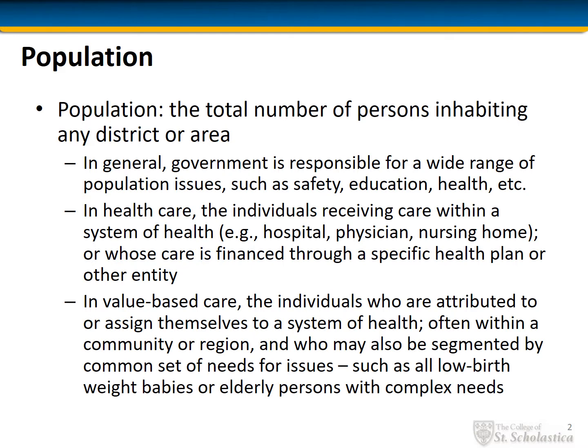In healthcare, population often has referred to the individuals receiving care within a system of health, such as a hospital, physician, nursing home, etc., or whose care is financed through a specific health plan or other entity.